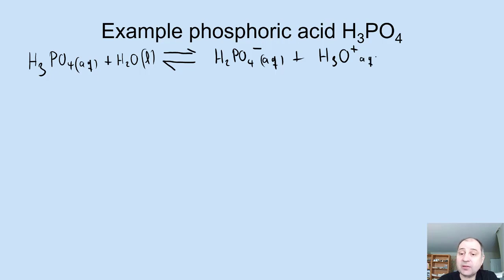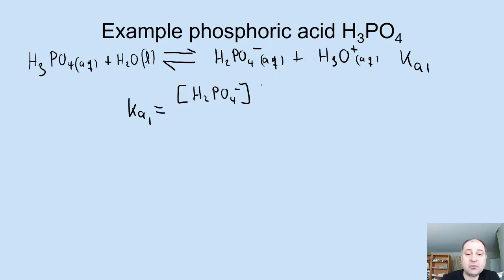Now that's aqueous, and so this has an equilibrium constant Ka, A as in acid, just to specify. And we also call this, because it's a polyprotic acid, meaning it has more than 1 proton to donate. In fact, there are 3, as I said, so this would be Ka1. And we can set up that expression just like we did by putting the concentrations of the products over the concentration of the reactants.